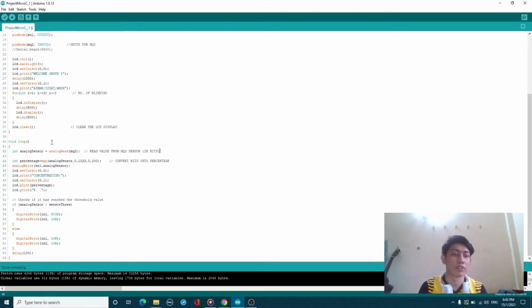In the void loop, we have analog sensor, which receives data read from the MQ2 sensor. So the analogRead function means that it reads the data from MQ2 and transfers it to analog sensor, and the map function is used to convert bits into percentage.